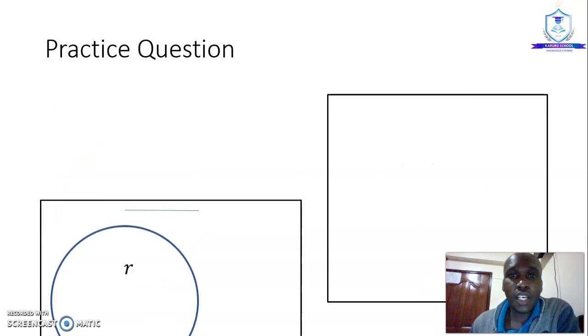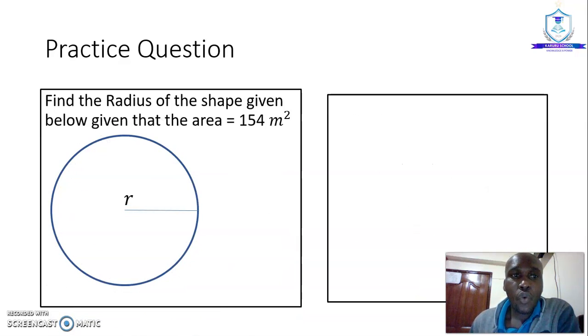Let's look at another interesting question where we have been given the area of the figure and we are asked to find the radius of the circle that has been provided. To find the radius of the circle given the area of the circle, we need to use the same formula that we have used in the past to calculate the area of a circle, which in this case is equal to pi r squared.